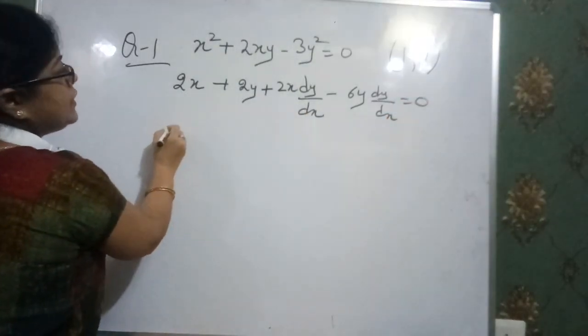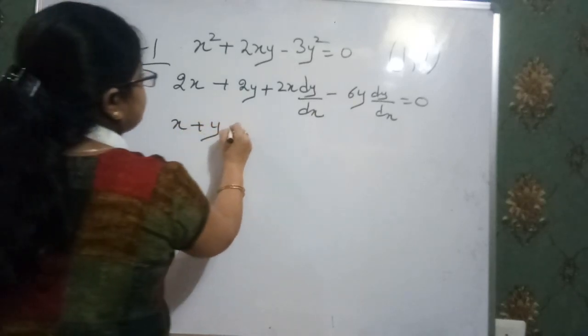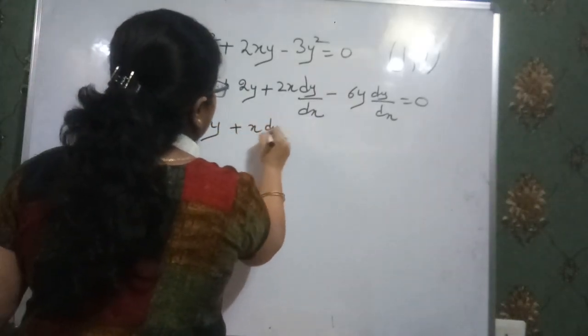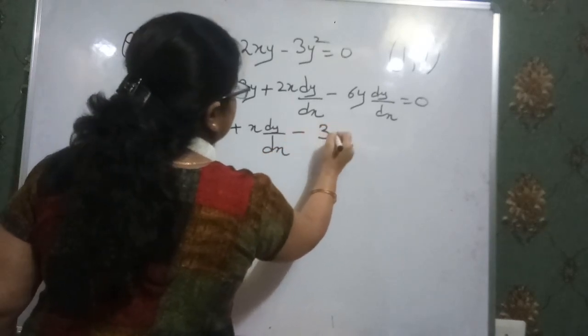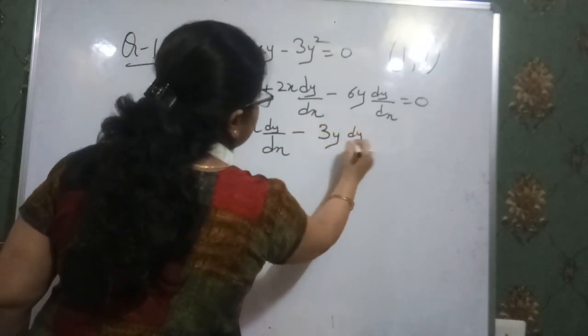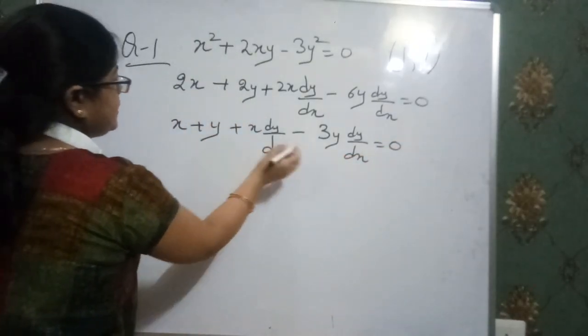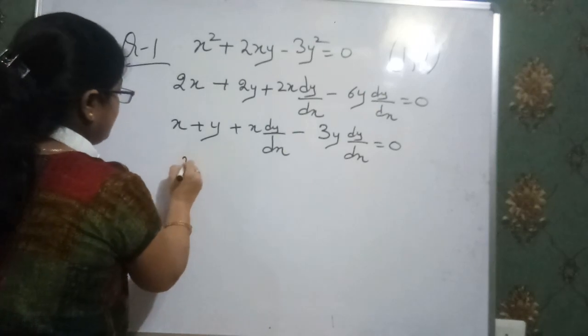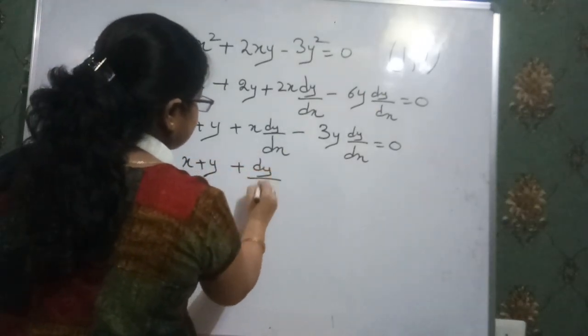Clear? Now we just cancel out 2. We have x plus y plus x dy over dx minus 3y dy over dx is equals to 0. Now just take dy over dx common.